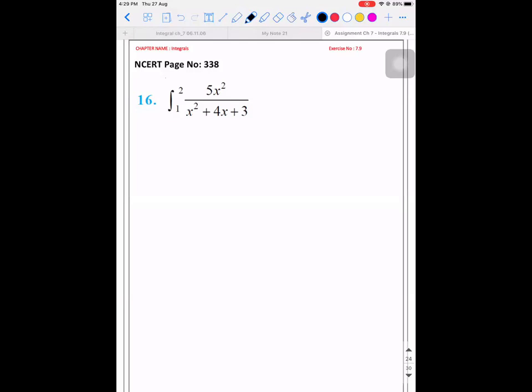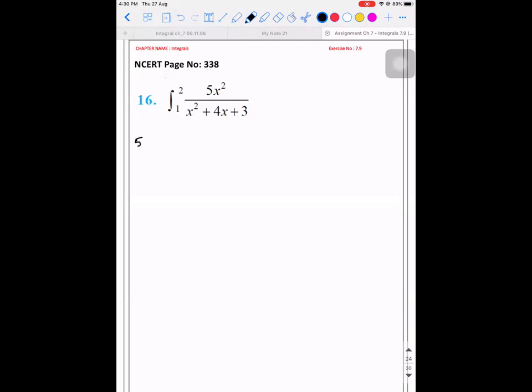So whenever you have the same power, what manipulation did I say you need to do? You have to write the numerator exactly in terms of denominator and subtract the variables.